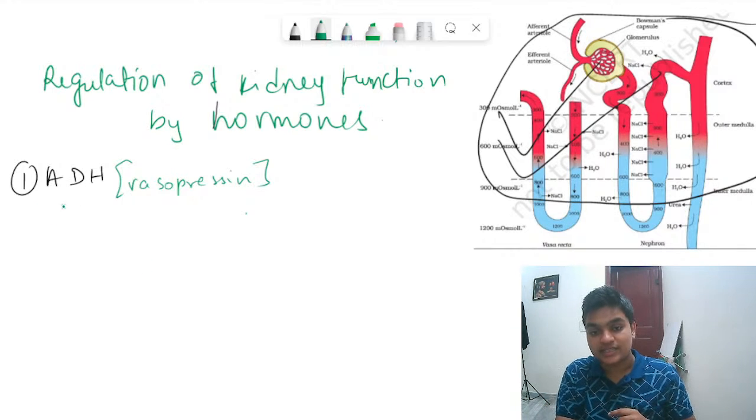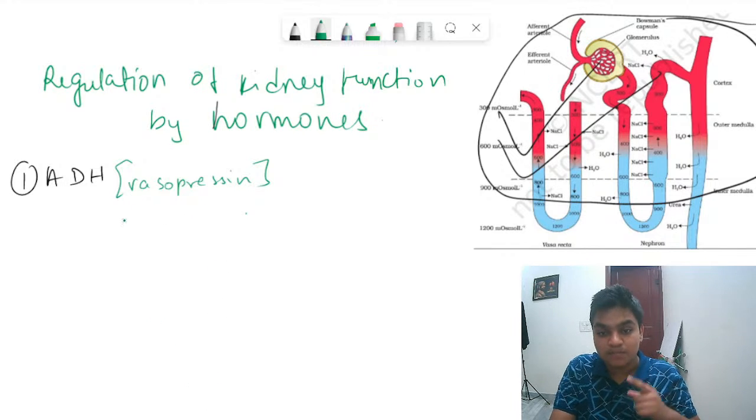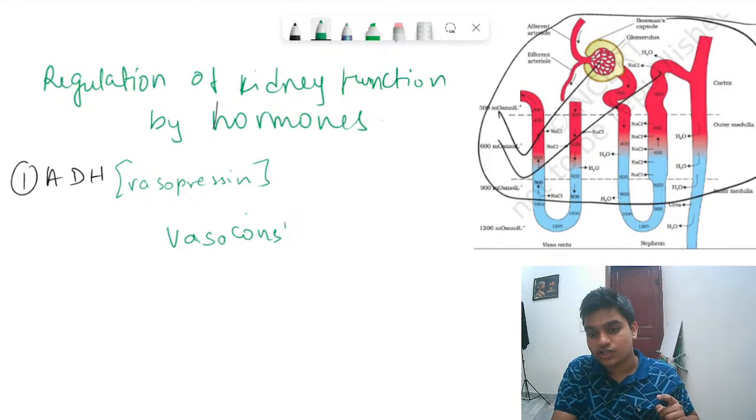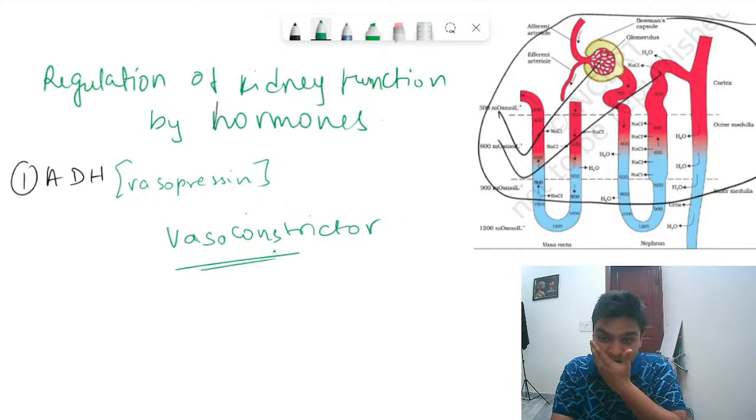When this ADH is released, it is a potent vasoconstrictor.